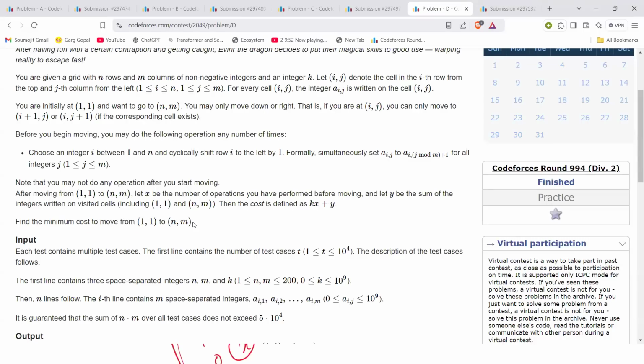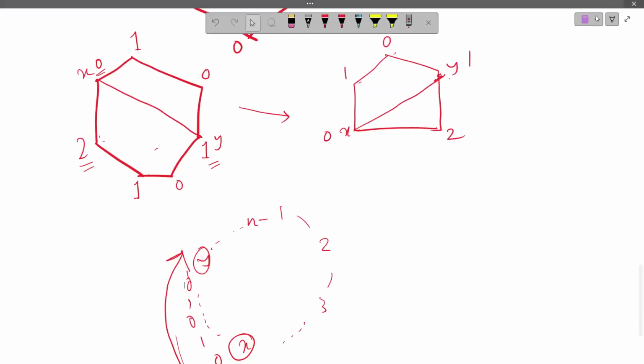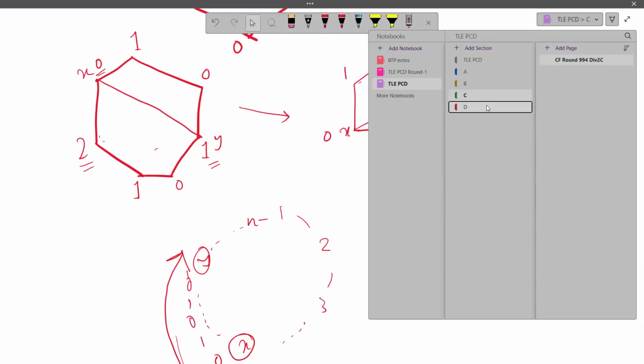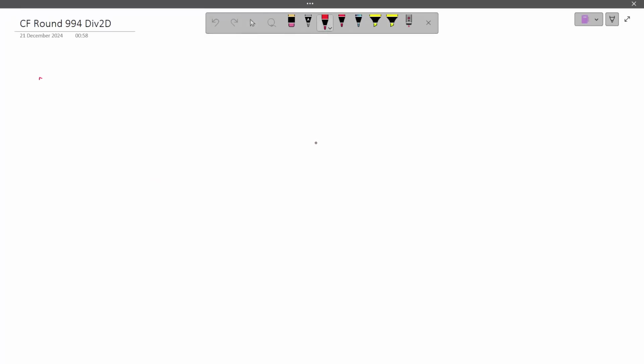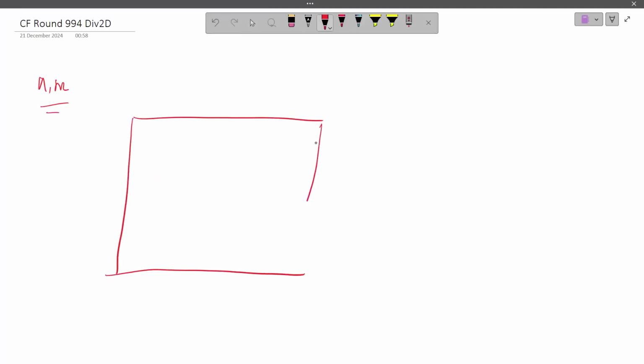Okay, so let me explain the problem statement. The question first gives us as input two integers n and m, and then it gives us as input a grid of size n by m.